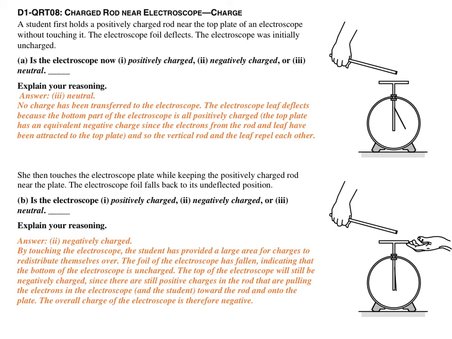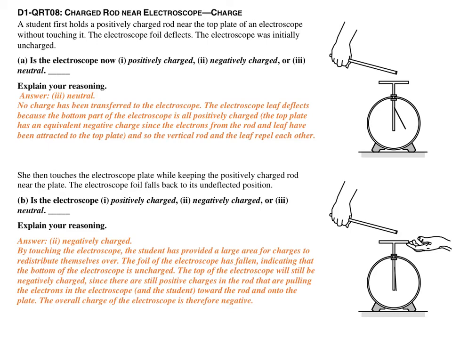So, before the finger touched the plate, net positive on the leaf and rod meant deflection. You touch the plate and the deflection's gone. There's only one way that that can happen. Negative charge went from person to electroscope and fixed the electron deficiency that caused the leaf to separate from the rod.